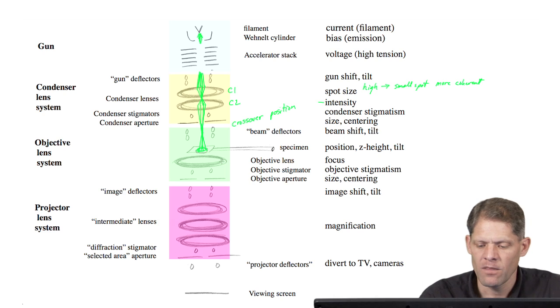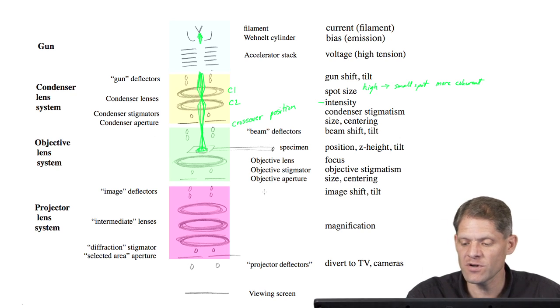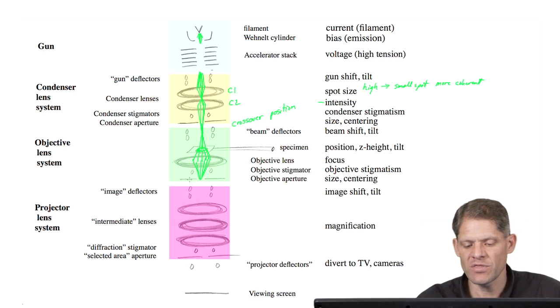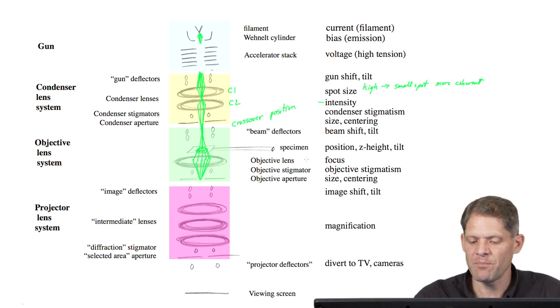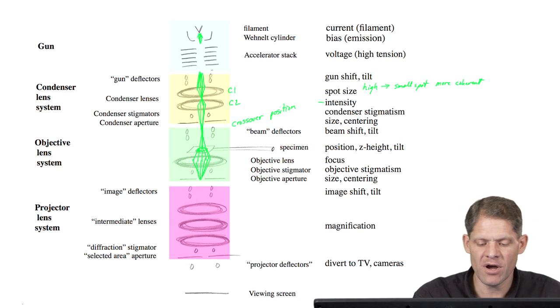Next, the current in the objective lens is called focus. So to change that, you have to turn the focus knob. And it controls, of course, as scattering emerges out of the sample, the objective lens focuses that to a point coincident with the objective aperture. And depending on the current in the objective lens, that point can be drawn up or down as necessary.